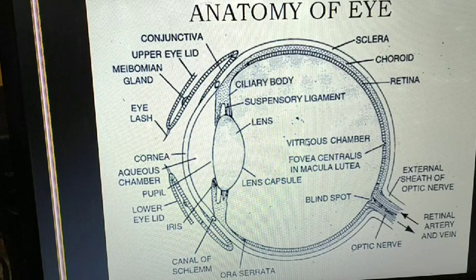It is differentiated into posterior pars optica and anterior non-sensory ora serrata. The ora serrata lies between the posterior part of the retina and the ciliary body.